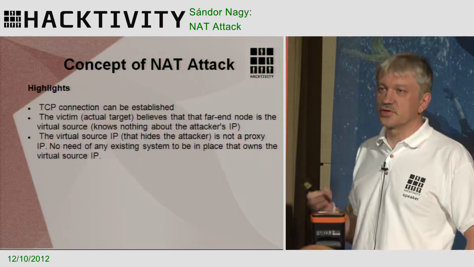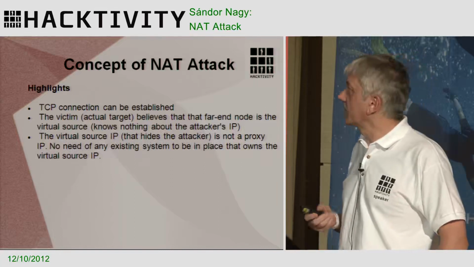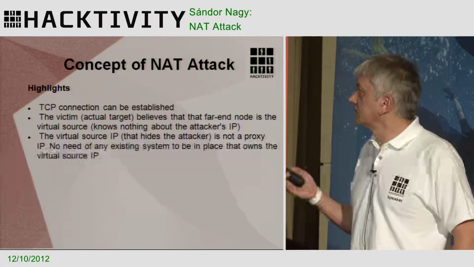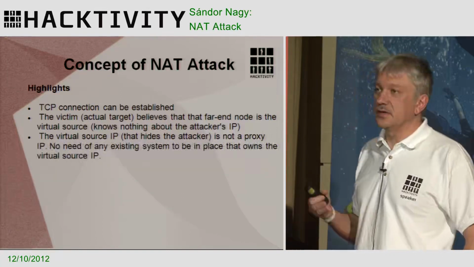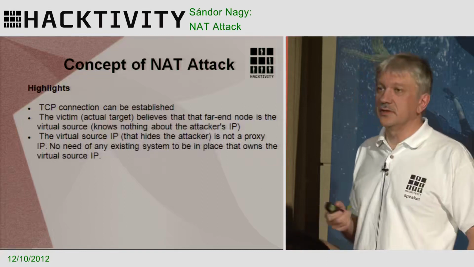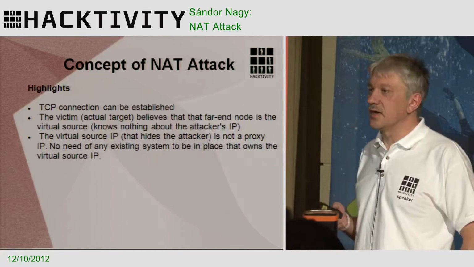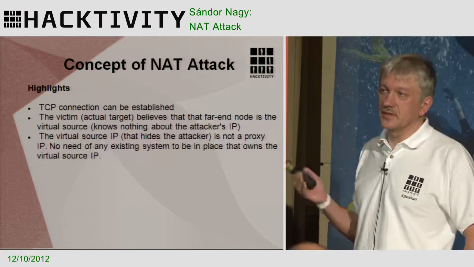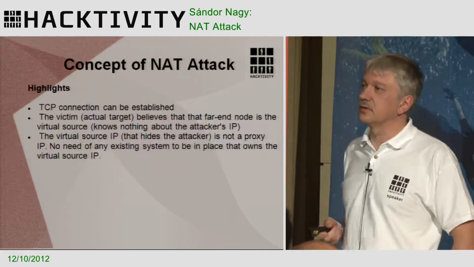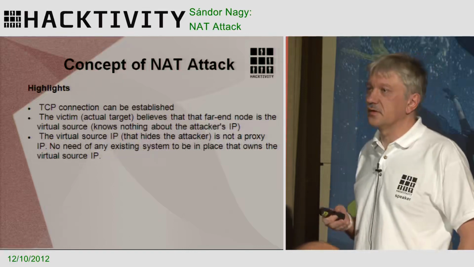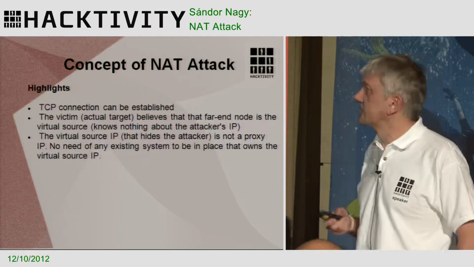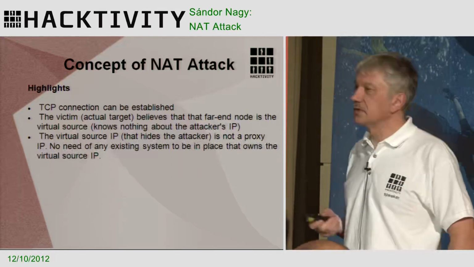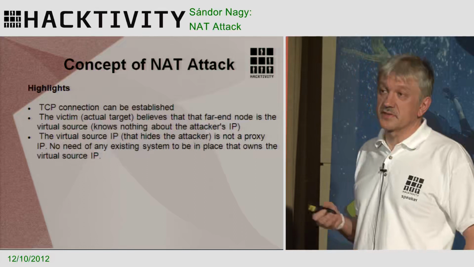The virtual source IP that the victim believes it communicates with can be any IP. I mean, there is no need to have a real physical device somewhere in the network. Maybe there is a physical device with this IP, maybe not. It doesn't really matter from the perspective of the attack. The point is that it's not a proxy IP.